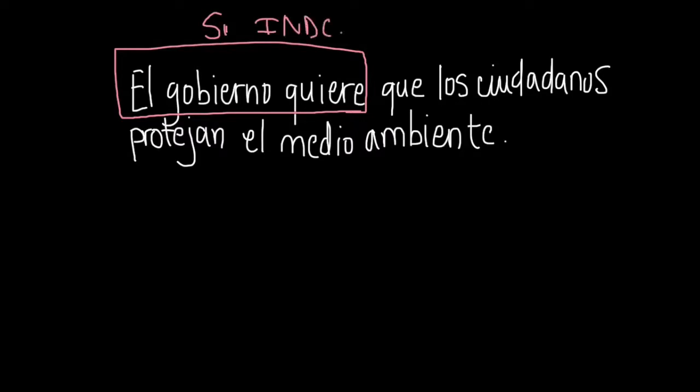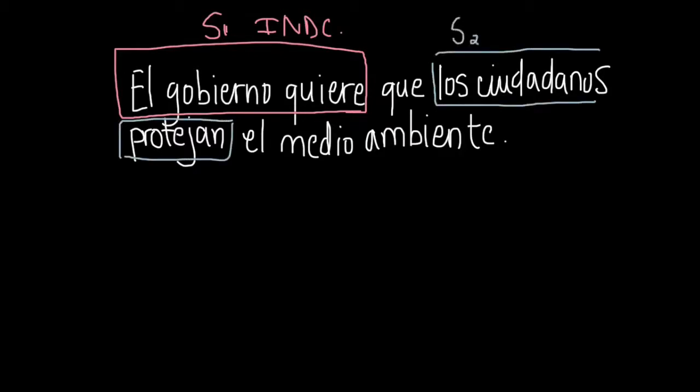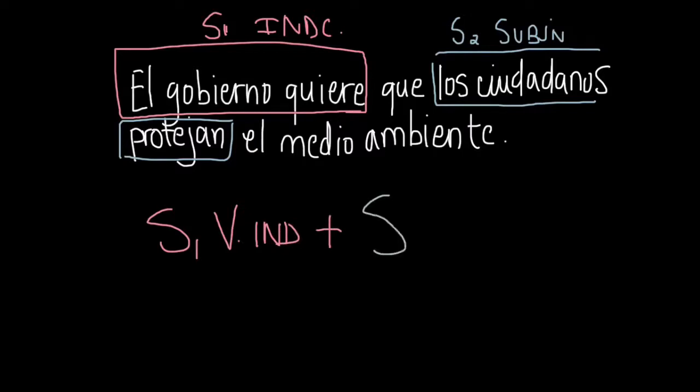The first subject is going to be the government, and the action is wants. The government wants that the citizens protect the environment. Now, the second subject, which are the citizens, and the action that we want them to perform is to protect the environment, that verb goes in the subjunctive.